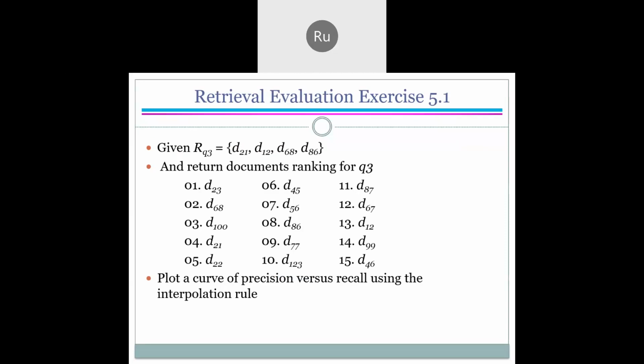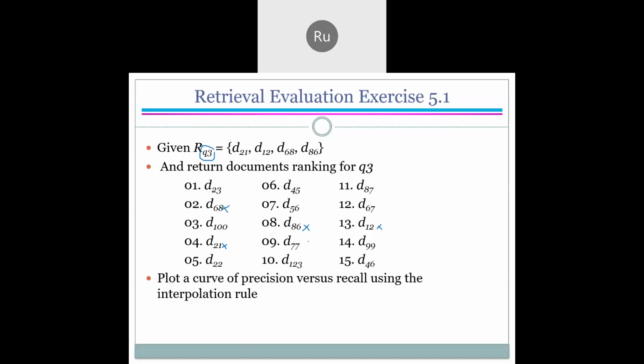Okay, let's do another one. This is like your tutorial. So we have this query number 3, and we have 4 relevant documents. So we have this document, and this one, and that one.